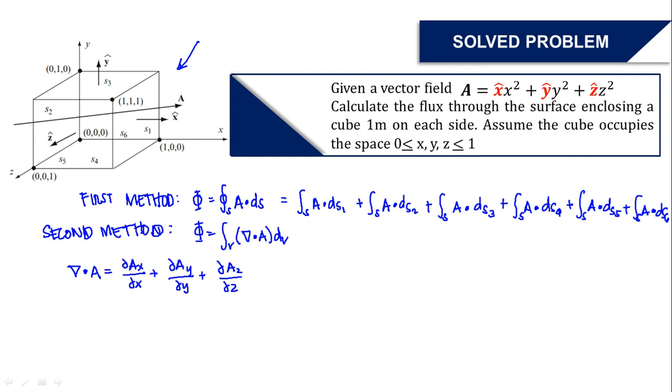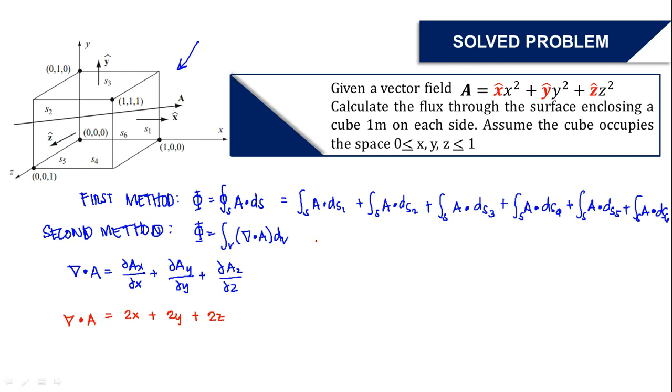Okay? Ayan yung ating formula. So, sagutan na natin. Equal yan sa x squared magiging 2x. Sa y squared naman magiging 2y. Sa z squared naman magiging 2z. So, yan yung ating divergence ng vector A.